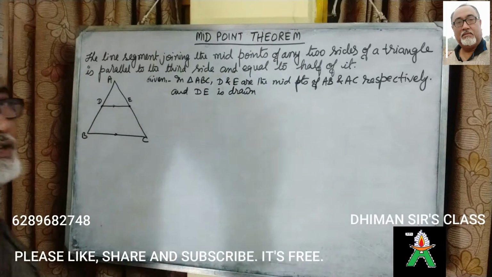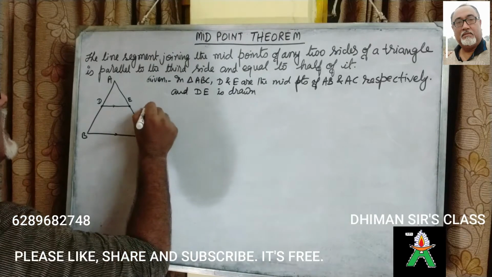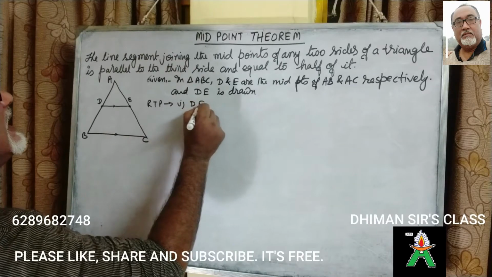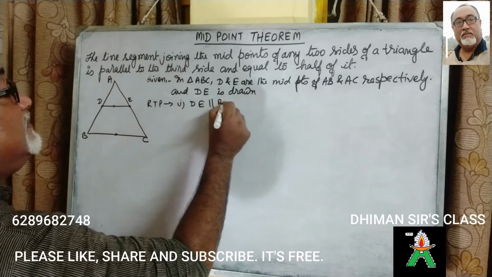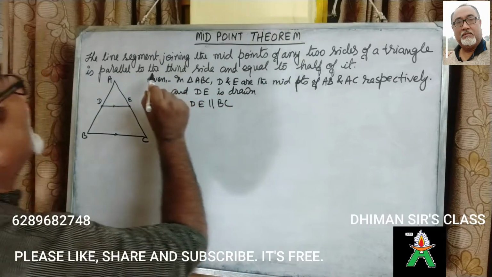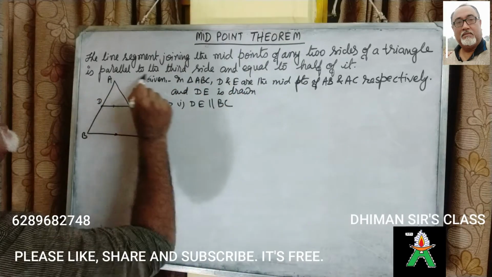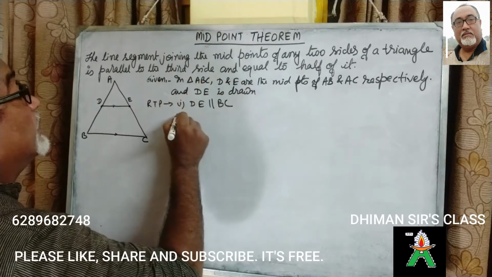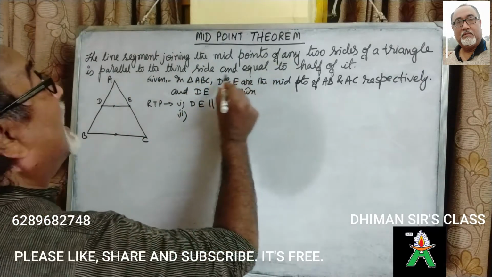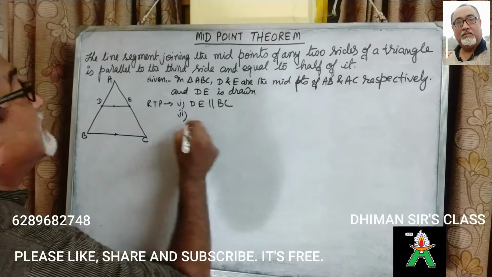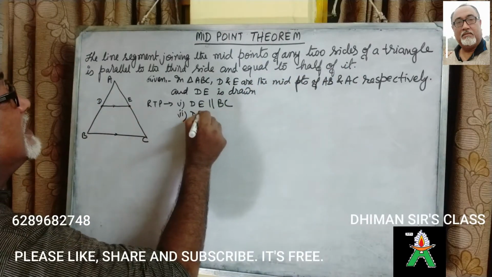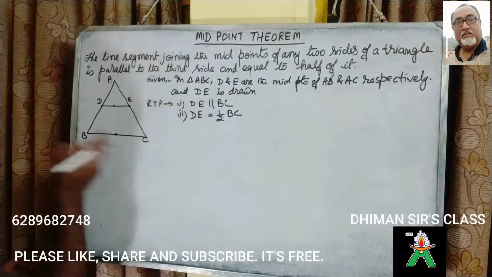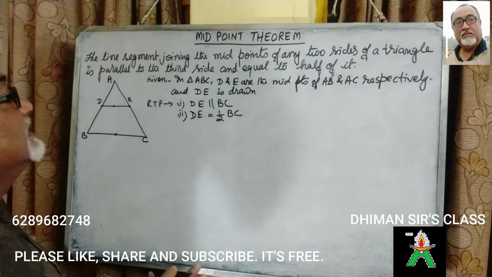Now RTP. Number one, DE is parallel to BC, parallel to the third side. Number two, and equal to half of it, means DE is equal to half of BC, half of the third side. These are the things we have to prove.